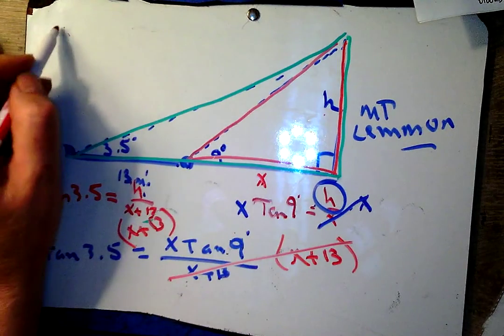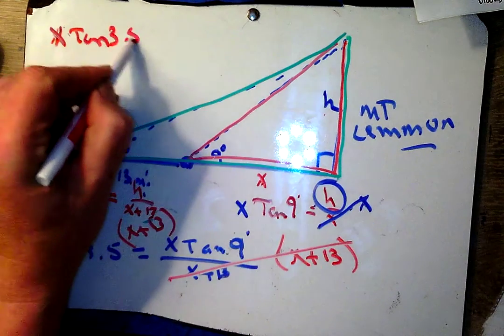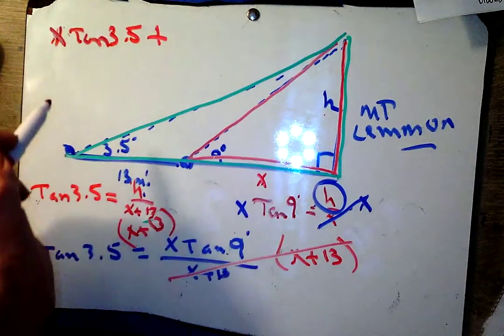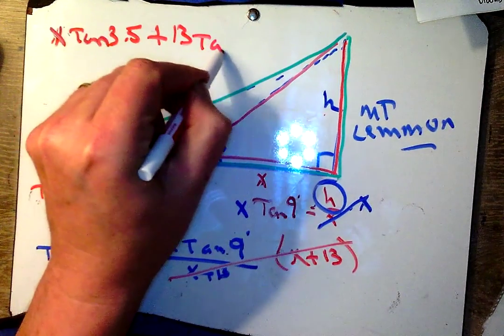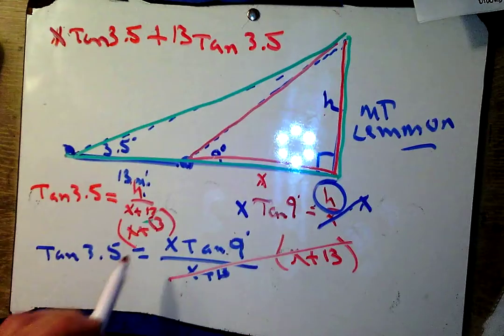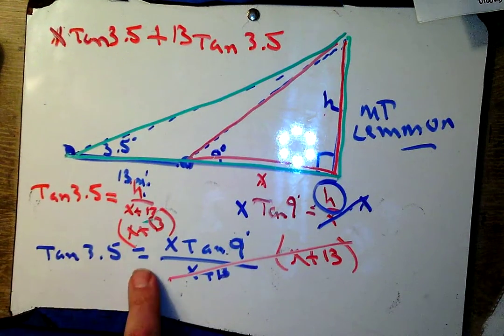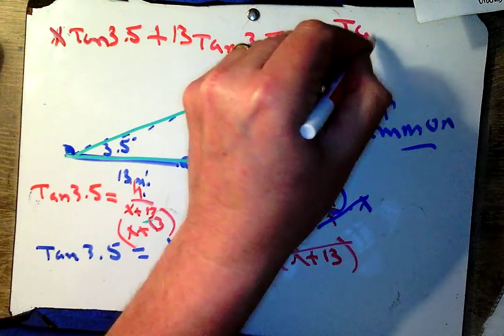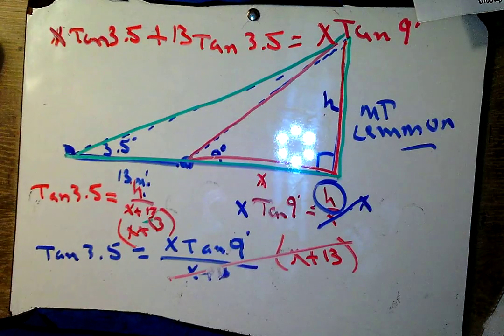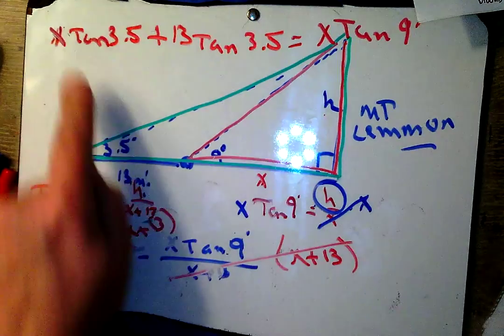So I'm going to have x tan 3.5 plus 13 tan 3.5. Great, that's there. But then the equal sign, and now x tan 9. Okay, so we're just doing a little algebra, just distributing the tan 3.5 to both of those.